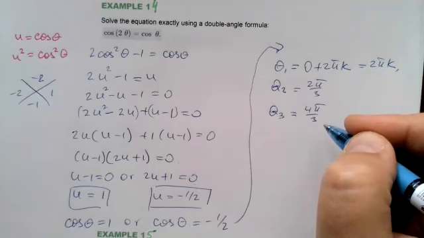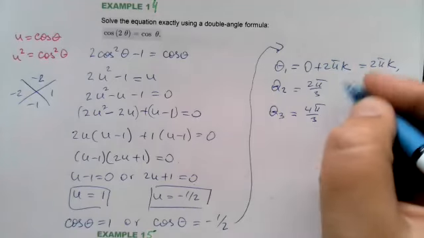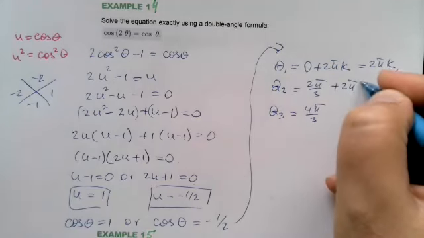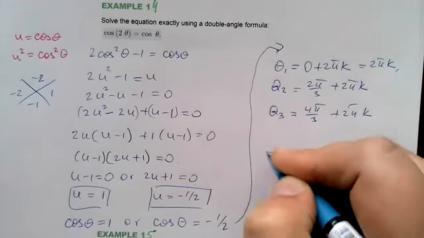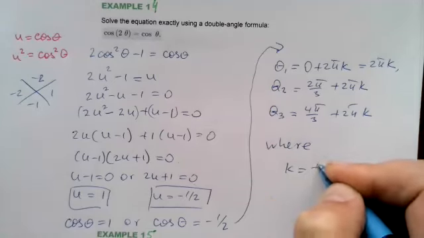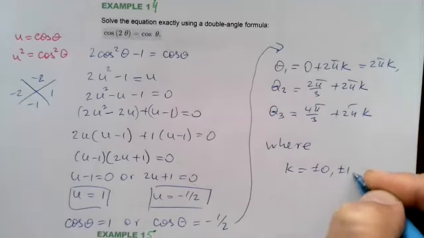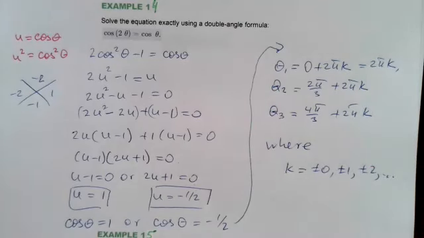So those are two solutions for this equation. And again, we're gonna add 2 pi k on top of them, where k is 0, plus or minus 1, plus or minus 2, and so forth. Okay, so that's how you're gonna approach this example.